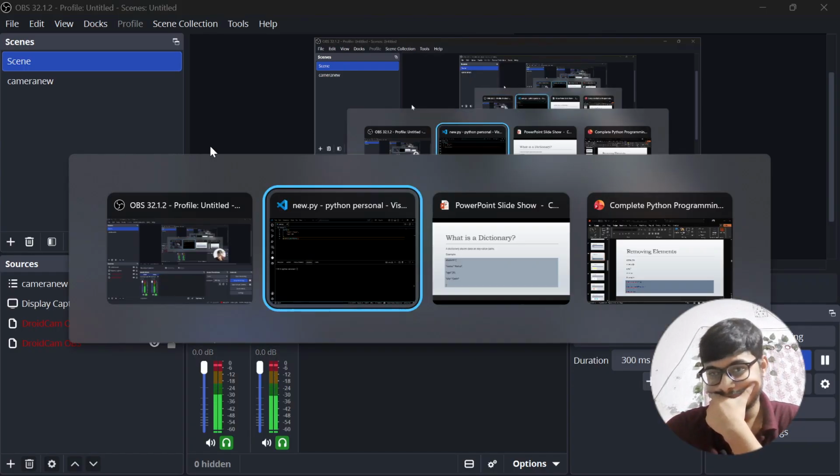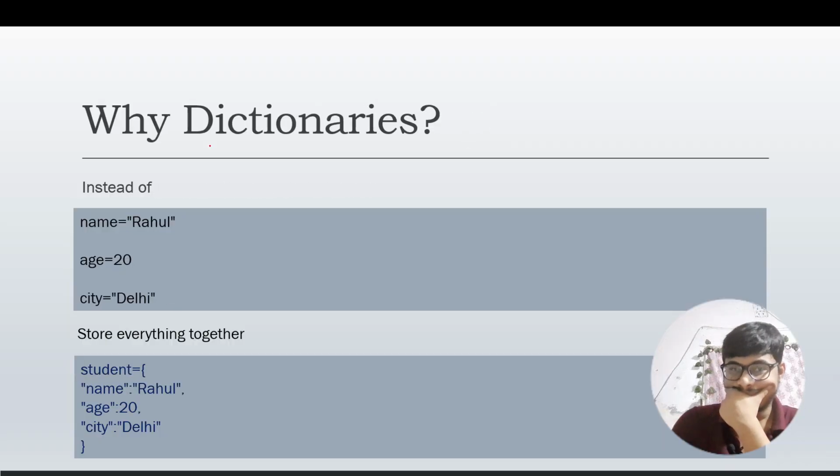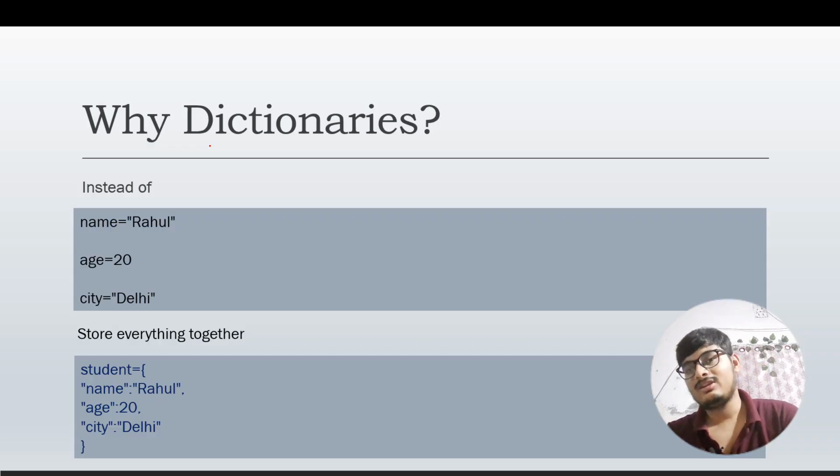So why dictionaries? Suppose you have data about a student, and for that data, suppose it has three things: name, age, and city. When you want to store it, if you do not use a dictionary, you will have to create three separate variables and store the data into them.